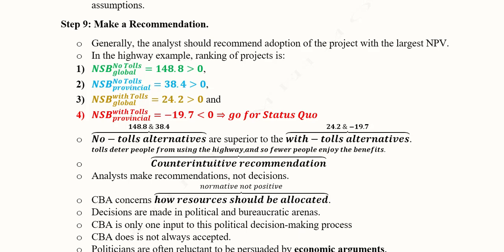The NSB of the no tolls dimension from the provincial perspective had a lower NPV, and then the NPV further declined when we considered the toll alternatives from the global and provincial perspectives respectively. Now this has a negative NPV. It clearly shows that one should go for status quo because this is undesirable, and we should go for status quo.